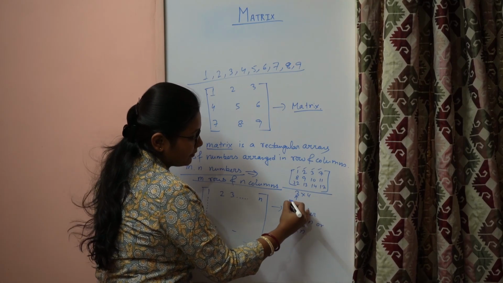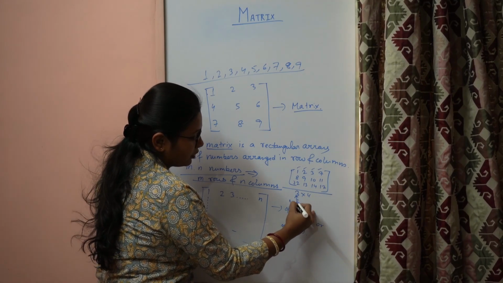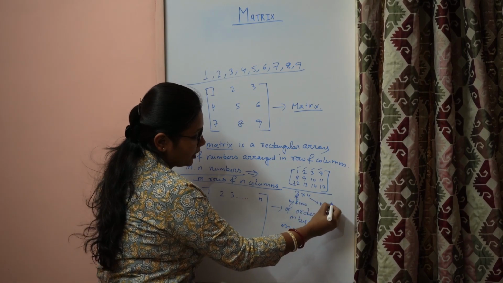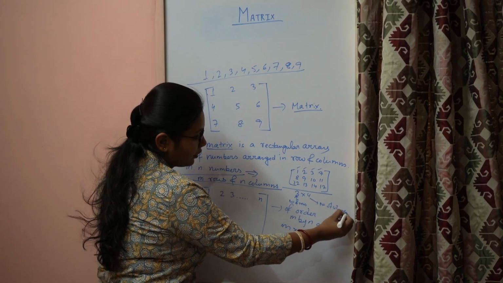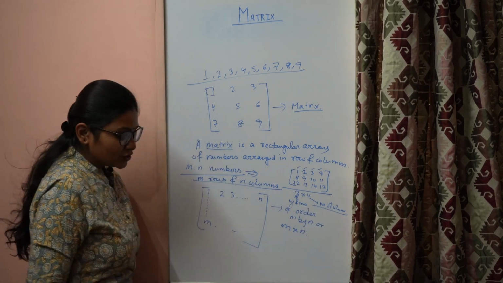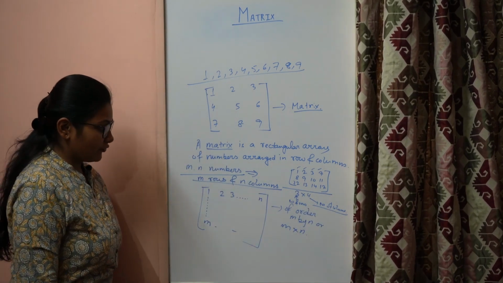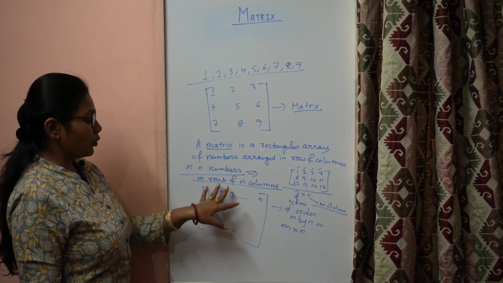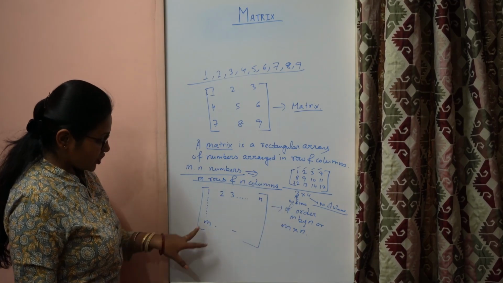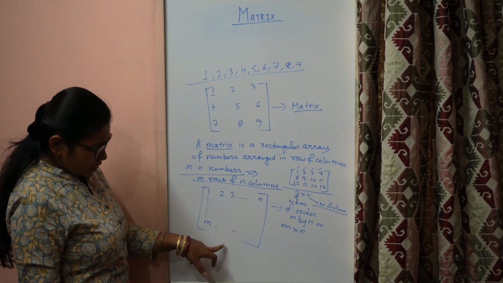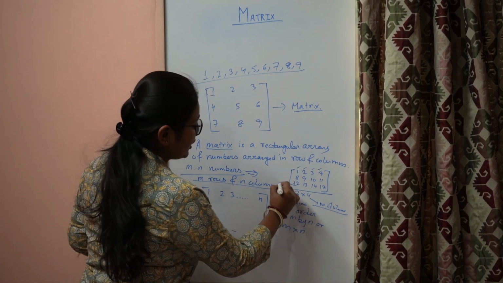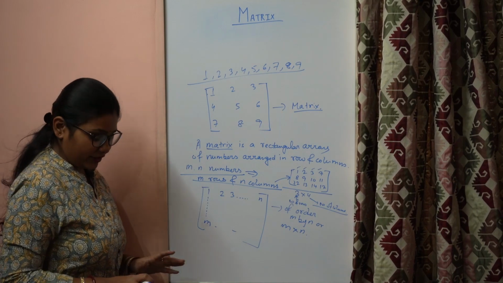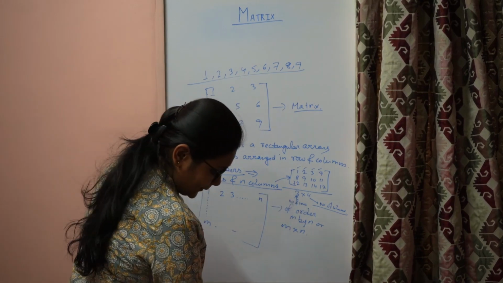This is the number of rows and this is the number of columns. This is called the order of the matrix. Hope it is clear up to this.